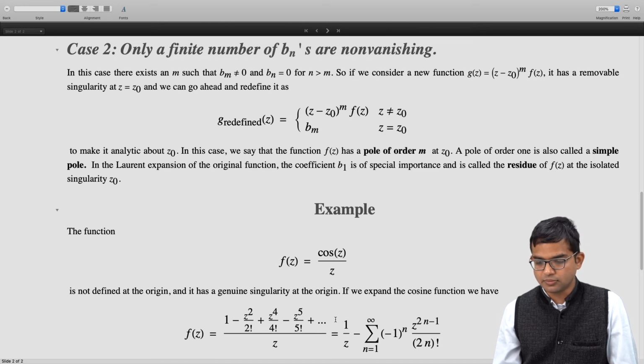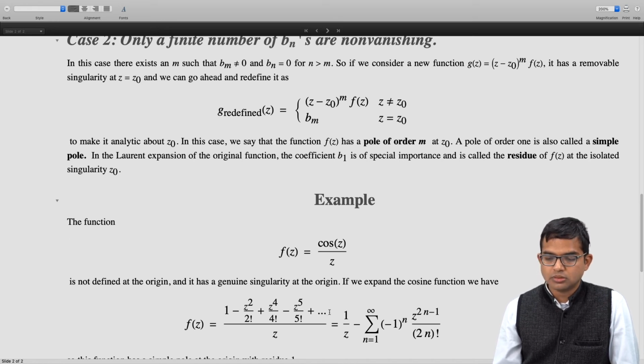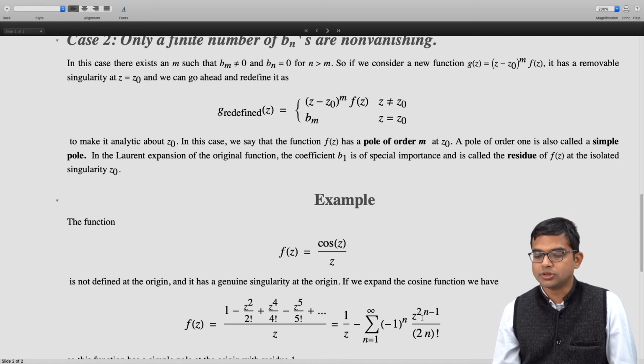So let's check if we got this sign right. So I have a 1, so it is just simply minus 1 to the n. If I put n equal to 1, I have z to the 2n minus 1 divided by 2n factorial. Let's look at the first term. So if I put n equal to 1, it's a minus 1.